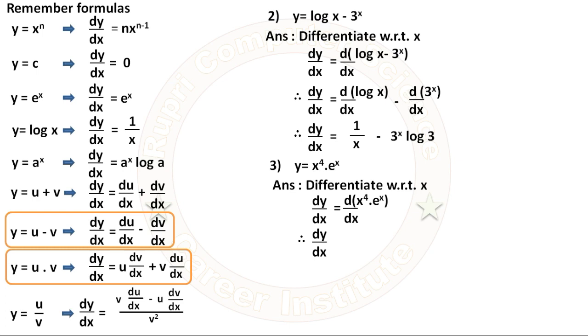Therefore, it is equal to x raised to 4 into d upon dx of e raised to x, plus e raised to x into d upon dx of x raised to 4.